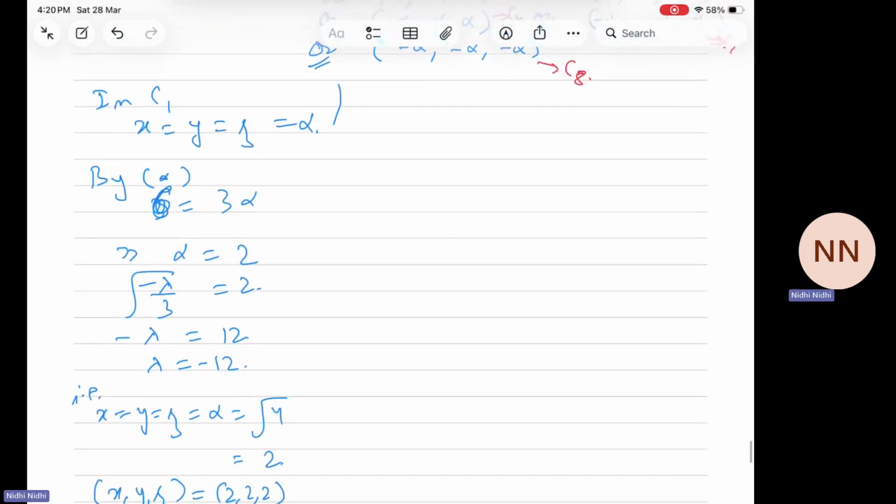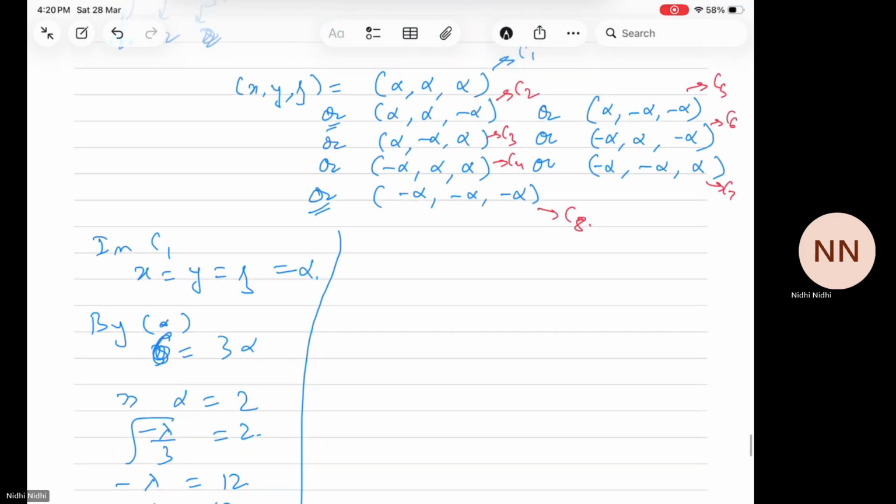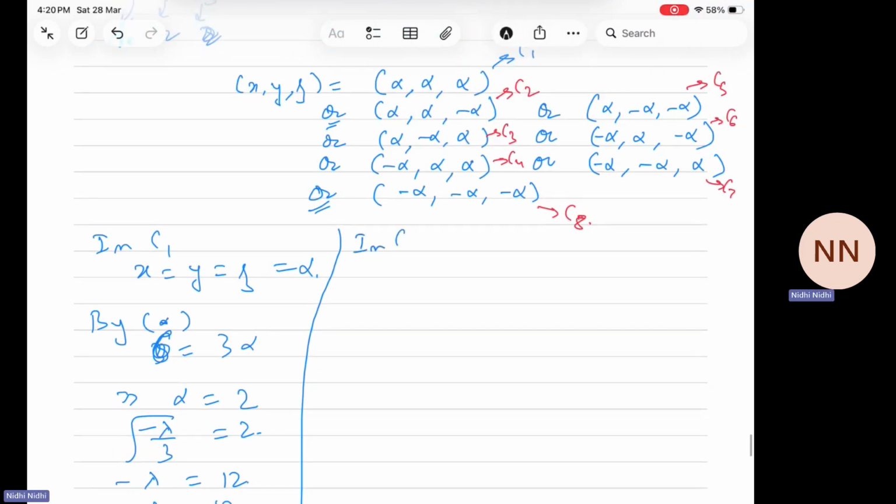Okay, let's see what happens in the second case. In C2, we have x equals y equals alpha and z is minus alpha. That means one of them is negative. So when we add all three of them, two of them cancel each other out, so we'll be left with just one.